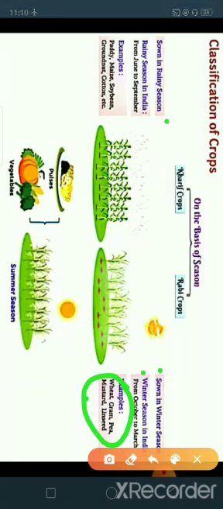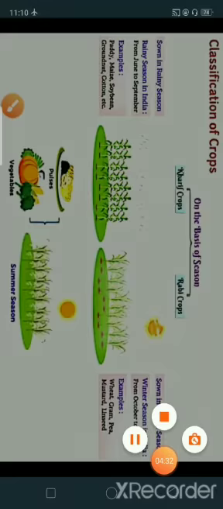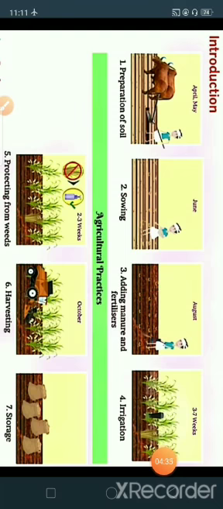Besides these two cropping patterns, at many places, pulses and vegetables are also grown during the summer season. Now, for production of crops, there are certain steps that need to be followed. During crop production, farmers perform several activities in the farm over a period of time.